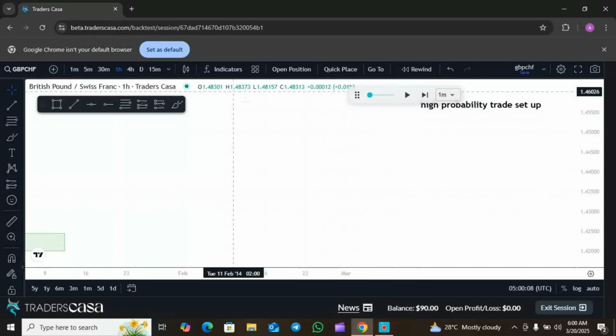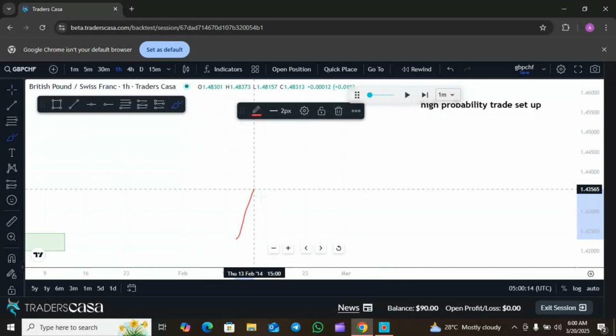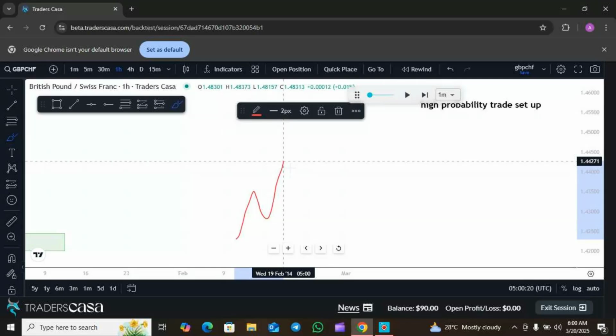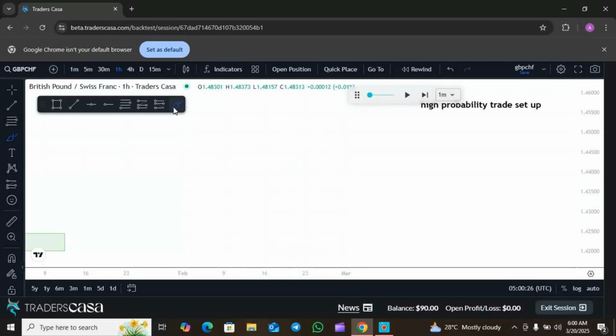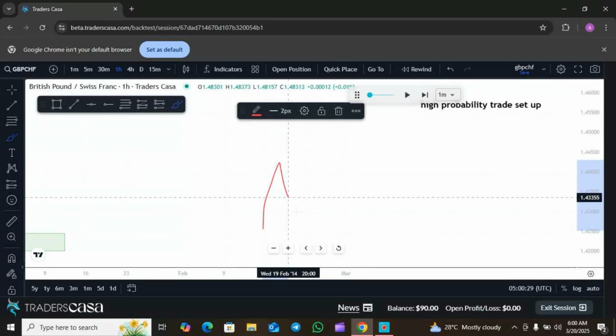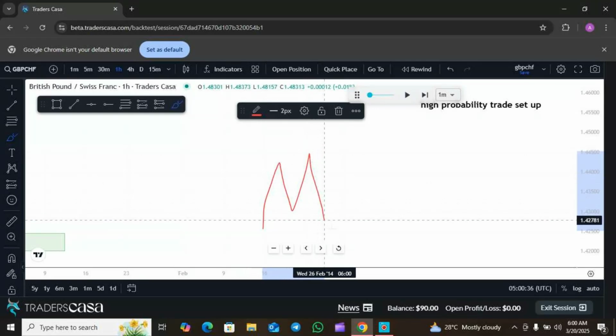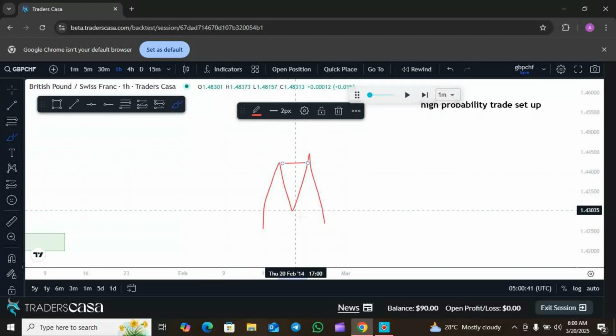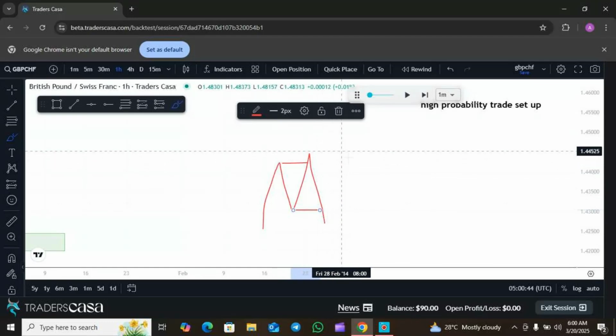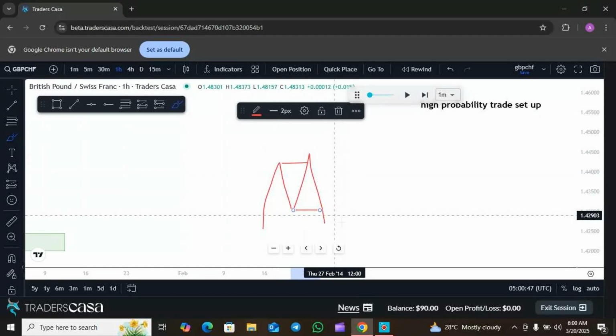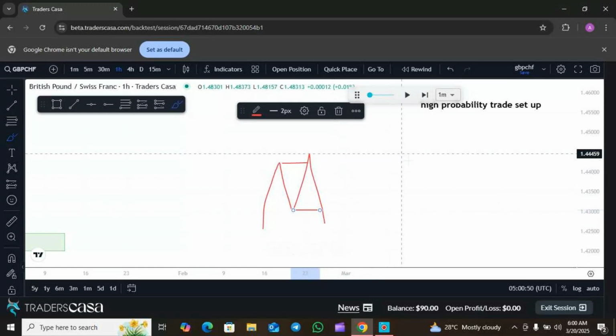Now let's use an example. Let's say that you have a trading setup like this. You had a market structure shift.